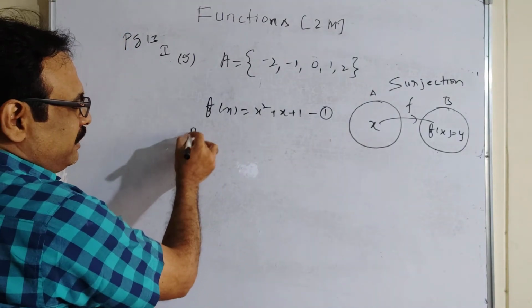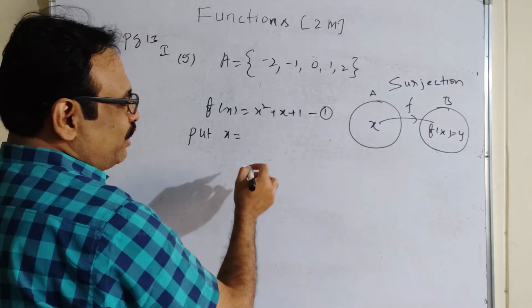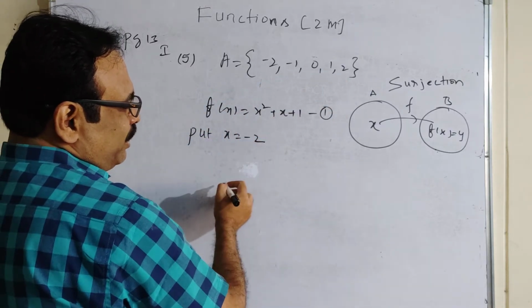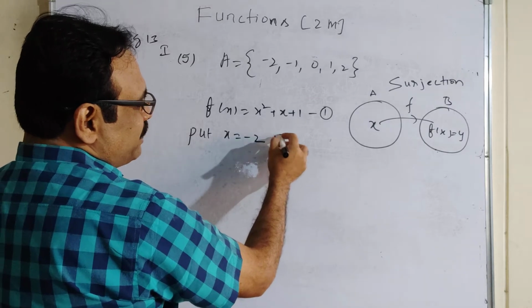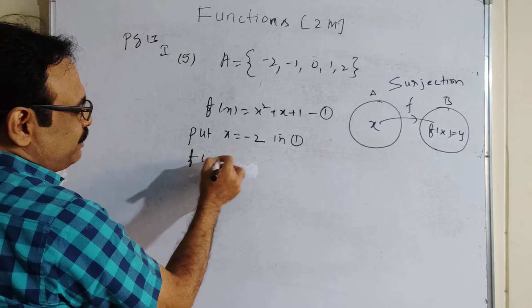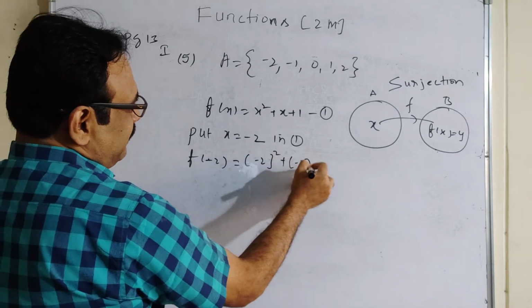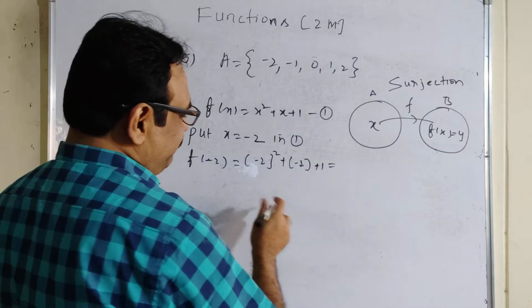What I'll do is take all the x values connected to the domain. Now here you take x is equal to -2 in result 1. So f of -2 is equal to -2 whole square, minus 2, plus 1.